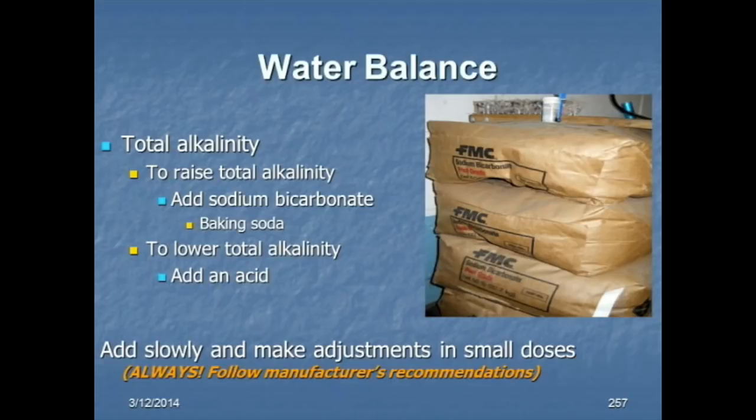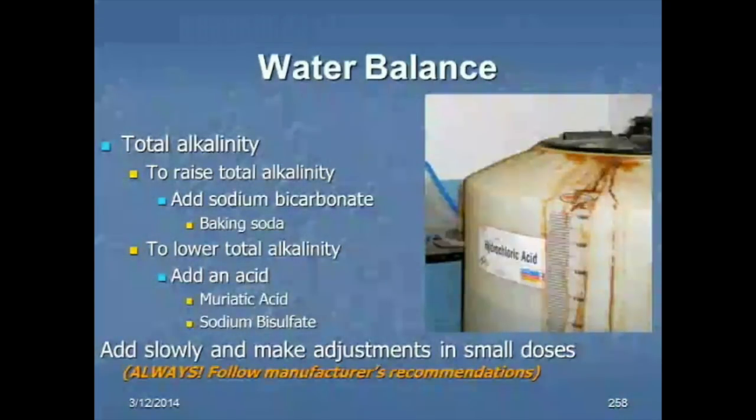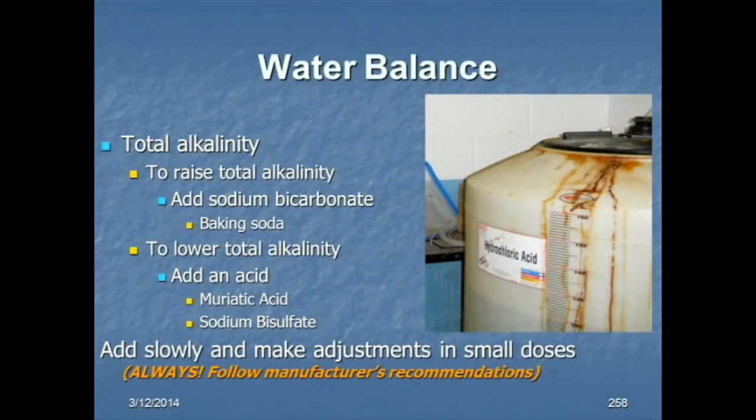We're going to use muriatic acid or sodium bisulfate, but in this situation, we add all the amount that needs to be added to the deepest part of the pool all at the same time in one location. We're going to slug the pool water with a large amount of acid in that one spot. By doing that, we create a very acidic environment in that location. It will suck the life out of the pool water, lowering the alkalinity number and not influencing the pH a whole lot.